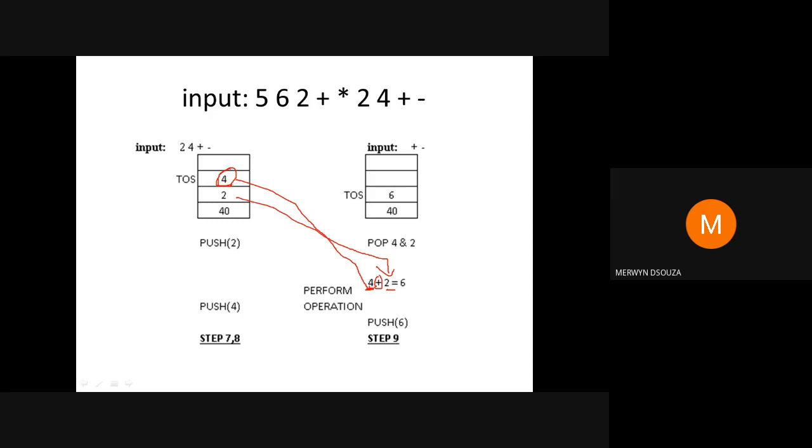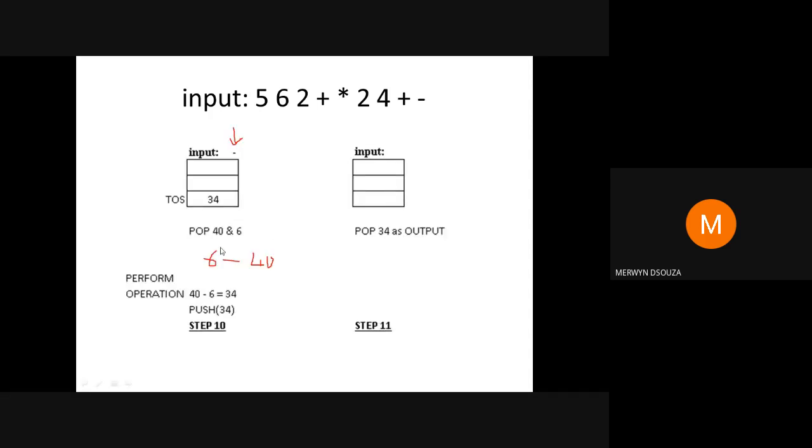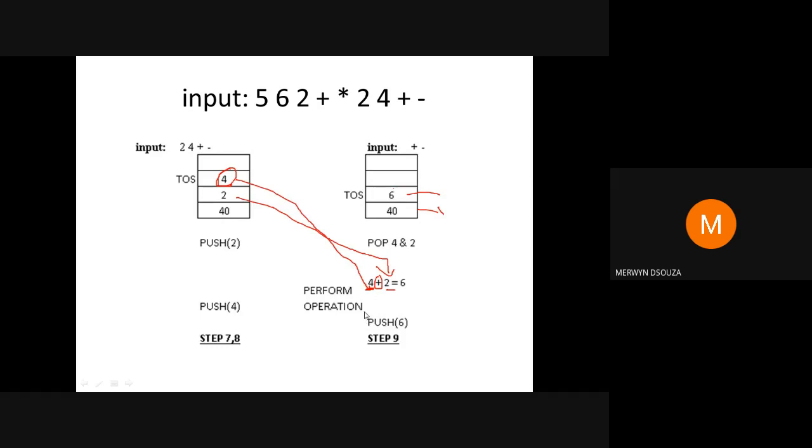For addition and multiplication it does not make any difference, but for subtraction and division it makes a difference. So now when I'm popping these two values, 6, which is my topmost value, will be written on the right side, and 40 will be written on the left side.